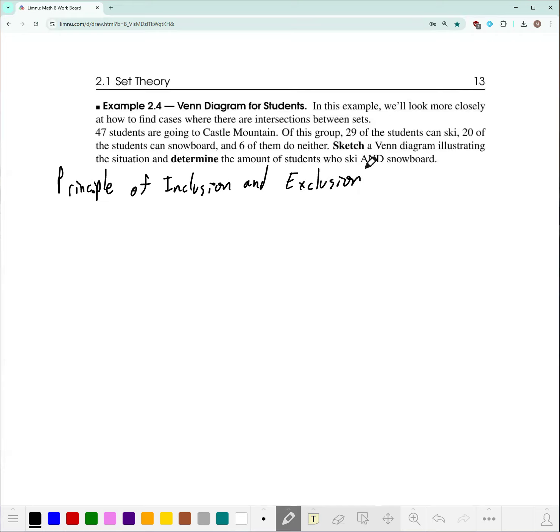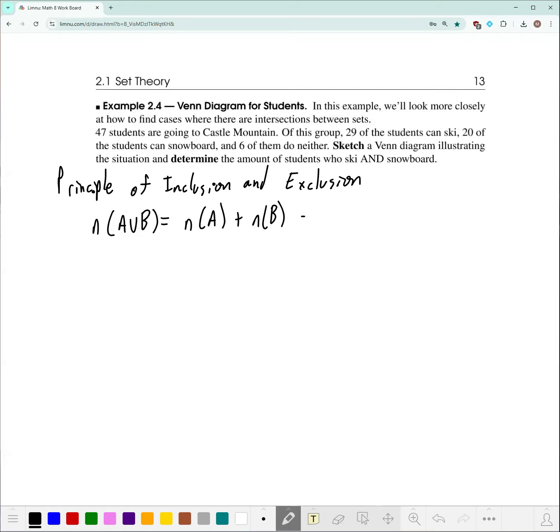Okay. And this principle we're going to see a couple times. We're going to start by seeing it in its simplest form when we have two sets that have an intersection. What this tells me is that if I want to know the number of students that are in either A or B, it's going to be equal to all of the students in A plus all of the students in B. But if I count all the students in A and all the students in B, I'm going to double count some of the students. What if a student is in the union of A and B?